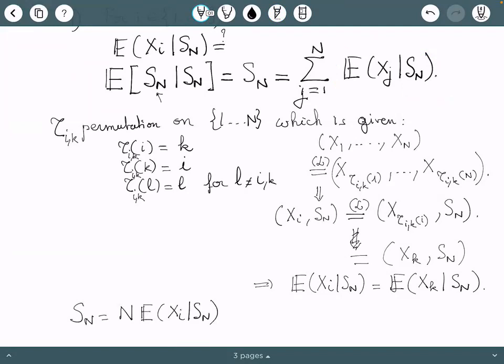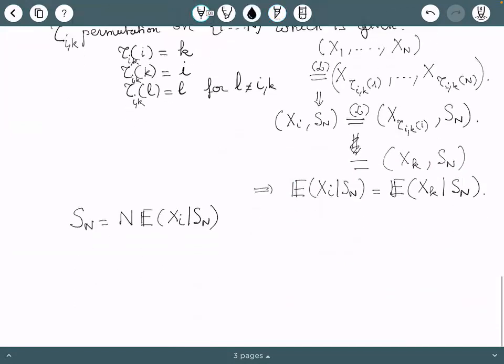What I did here was valid for any distinct pair i, k, and also for i equal to k, which is evident. So at the end, the conditional expectation of xi given Sn is equal to Sn divided by n. Without any computation, or not so much computation at least.